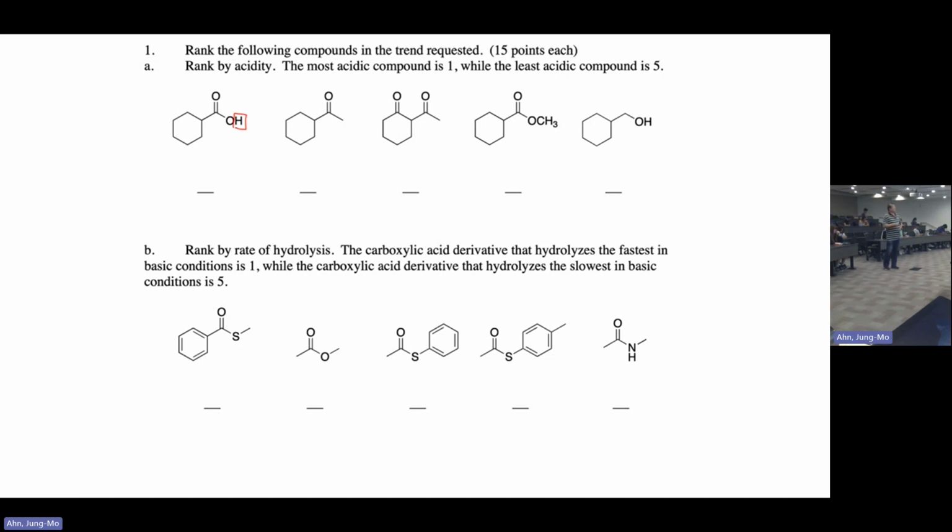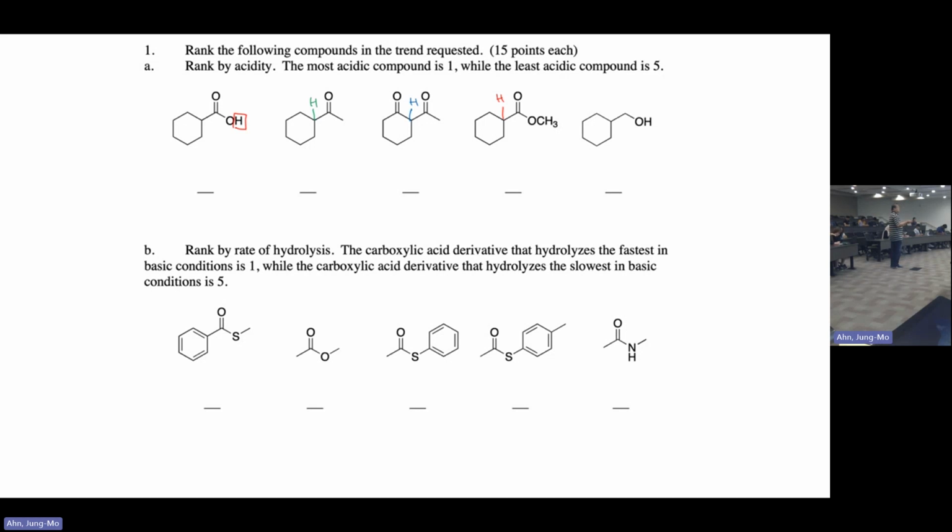But in this one, clearly the most acidic hydrogen is the one in the alpha position, right? That's the one we talked about: the two carbonyls will stabilize this carbon extensively by resonance structures, so it should be the most acidic. An ester also has an alpha hydrogen, somewhat acidic.